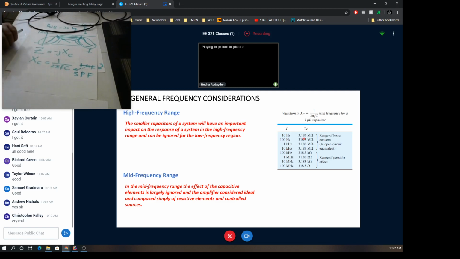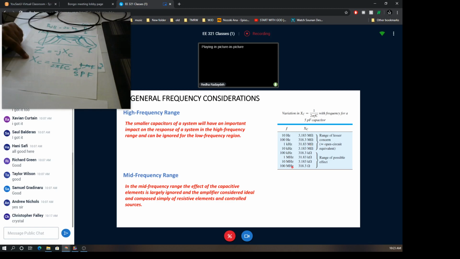Looking at the table, at low frequencies up to 10 kilohertz, the reactance of the capacitor is very large, and the impedance of the capacitor also is very large because they are proportional to each other. In this case, we can neglect the effect of these internal capacitors because they will appear as open circuits. They will have no effect.